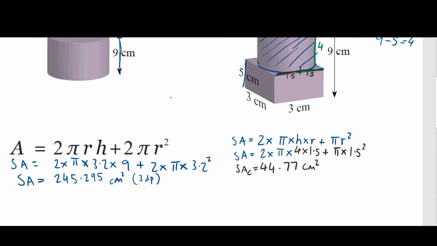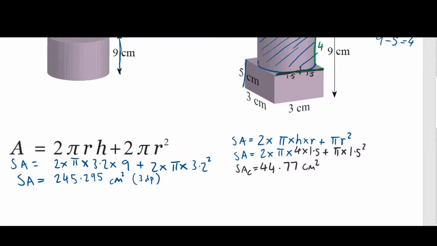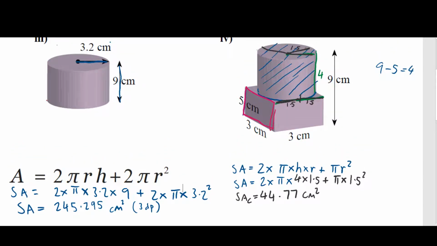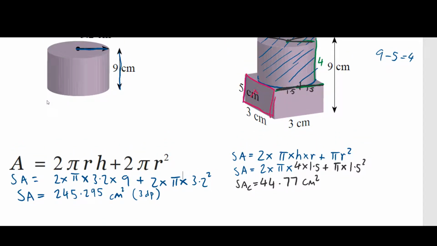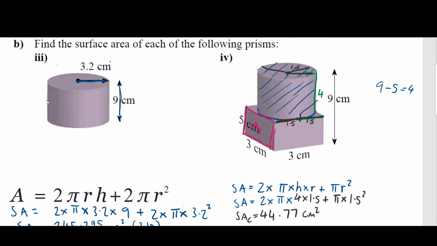Okay, now the rectangular prism. All right, the rectangular prism. So we've got this bit here. I'm going to call this area 1. Okay, and there's another bit on the other side.